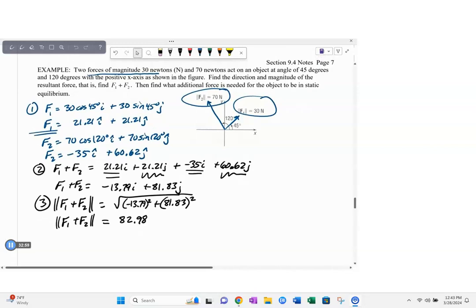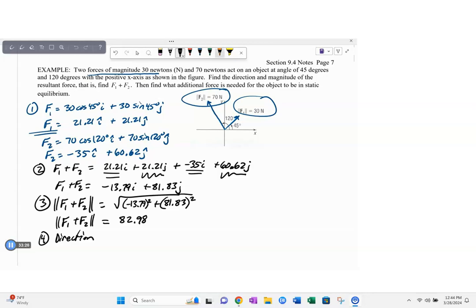All right, now how to find the direction of this resultant force. Let me highlight this.